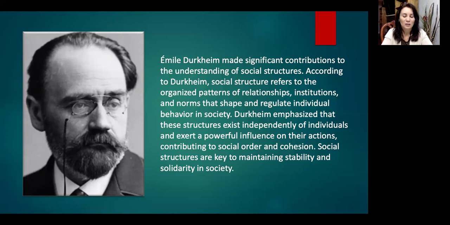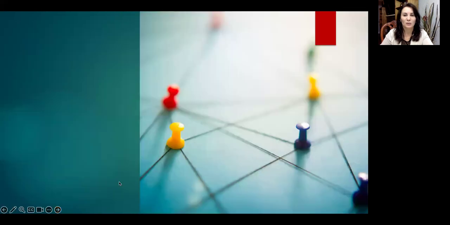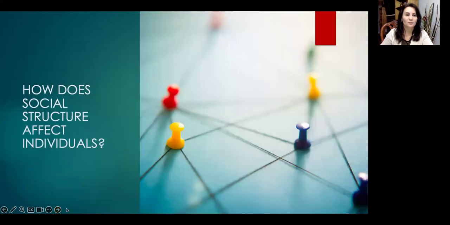Actually, in my social structure class, usually I have a very interesting activity called mapping social structures, and the students get some scenarios and, based on those scenarios, they map how structures affect individuals in society. I wish I could do that with you.